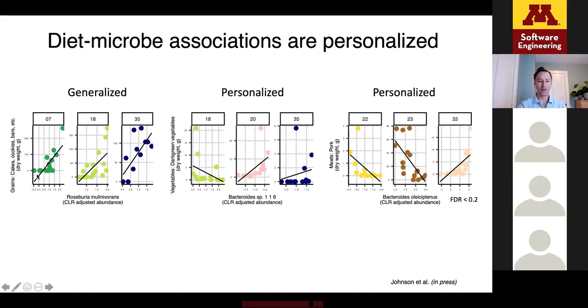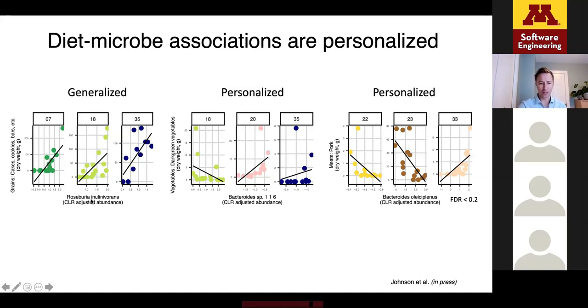So this is one plot of someone whose abundance of Roseburia inulinivorans is going up when they eat more cakes, cookies, bars. And some of these associations held across multiple people. This is one of them.